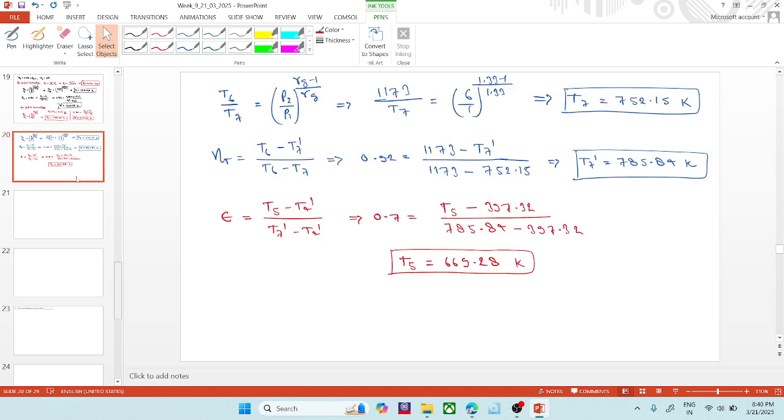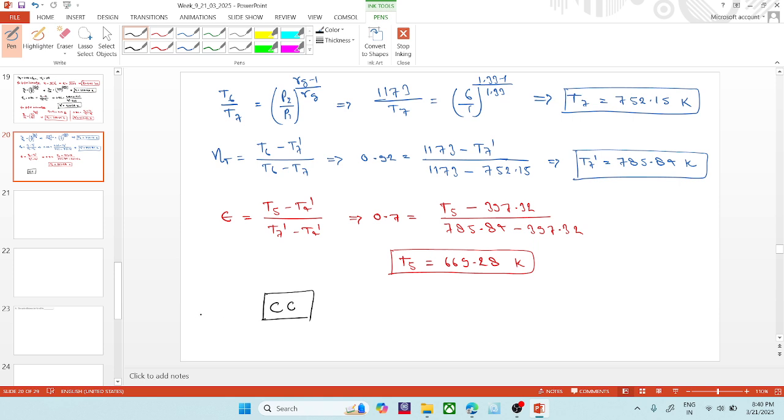Now the next thing we have to do is calculate the air fuel ratio. For that, let me draw the combustion chamber, CC.